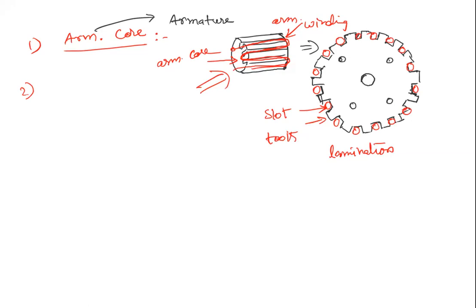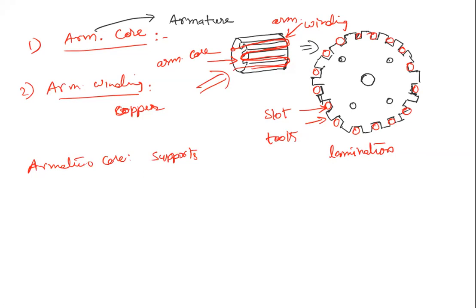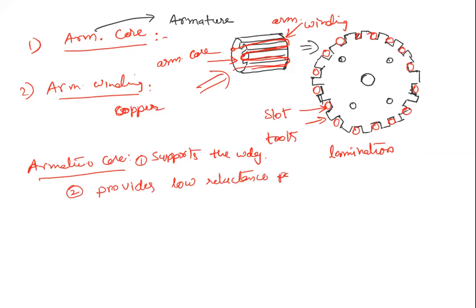So the armature core supports the winding, and provides a low reluctance path for magnetic flux.